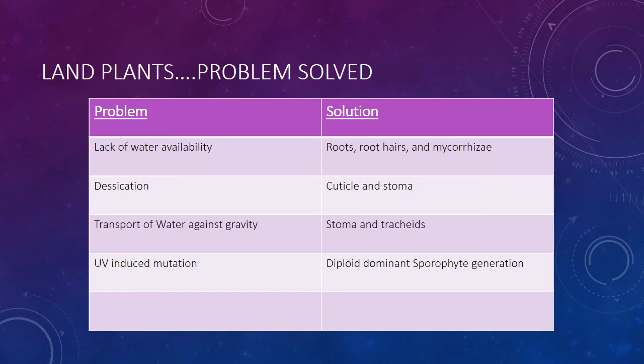To transport water against gravity, the stoma allows for the water to be pulled up and evaporated, but the tracheids make sure that it doesn't fall back down. And then to solve the problem of UV-induced mutation, there is a diploid dominant sporophyte generation. And we see that what is unique about land plants is the alternation of generation life cycle.